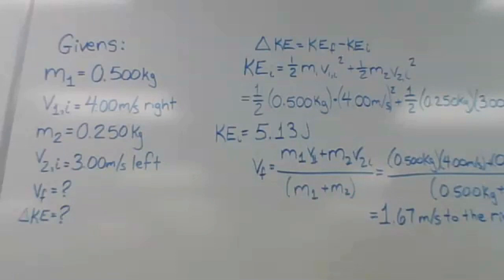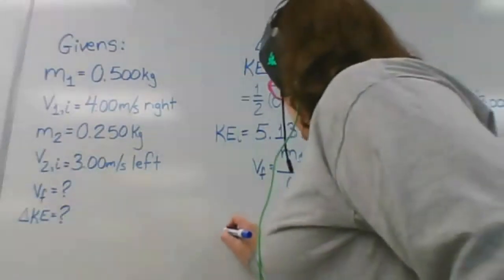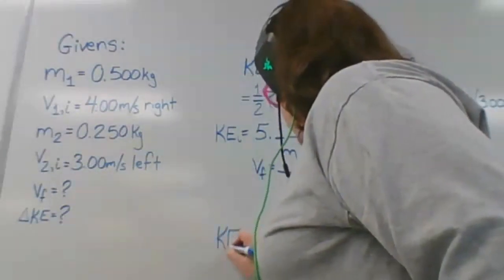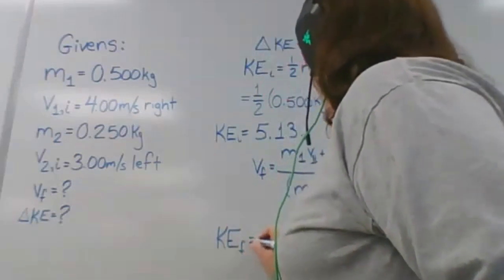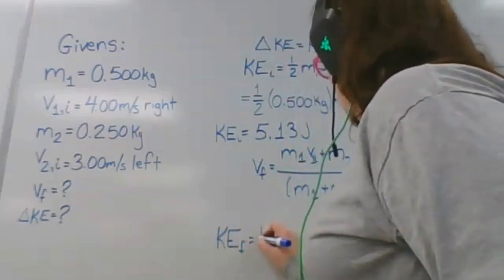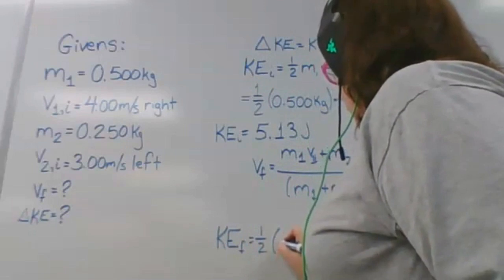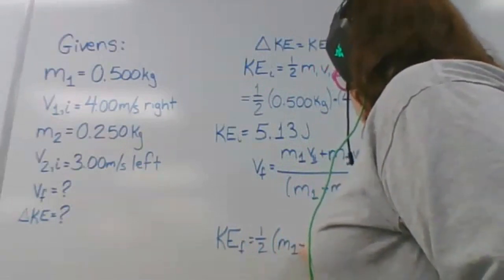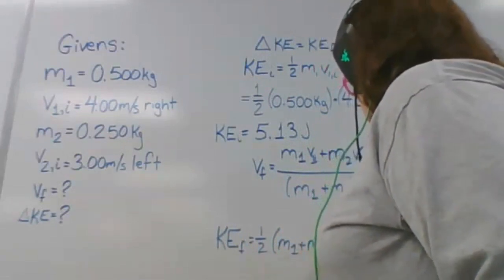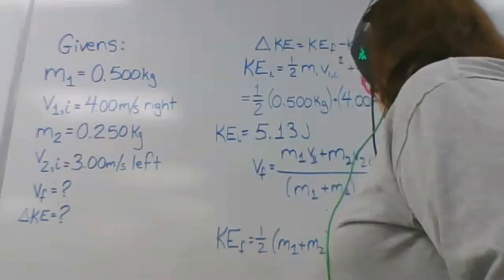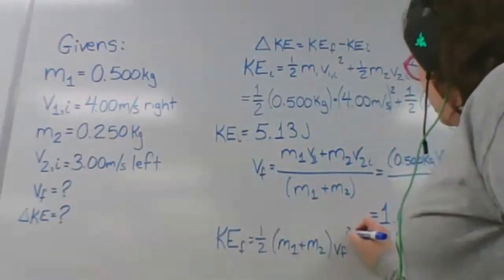Then we have to find the kinetic energy final. Kinetic energy final is equal to 1/2 the mass, which is m1 plus m2, times velocity final squared.